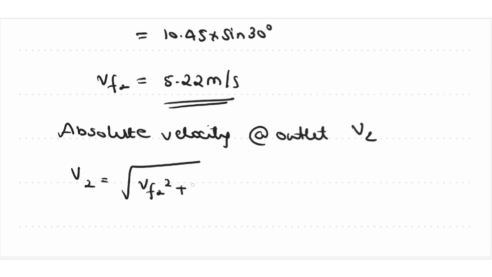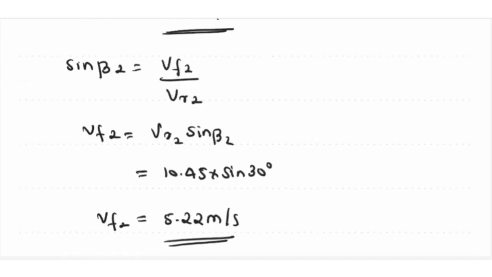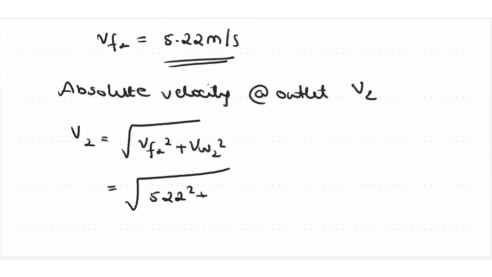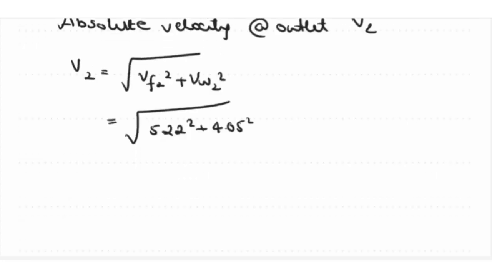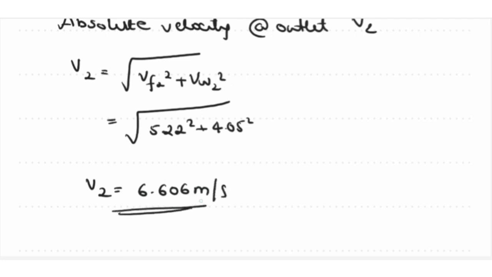So vf2 is 5.22 and vw2 we got as 4.05. So to solve it, you get v2 is equal to 6.606 meter per second. So this is the magnitude.